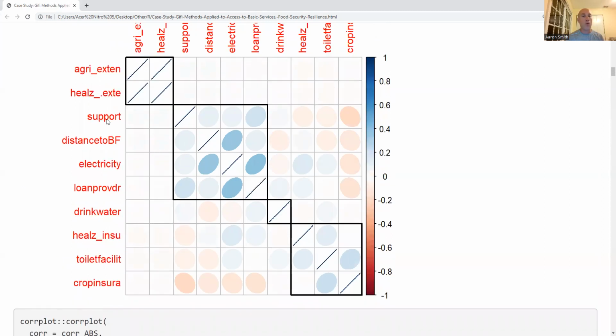This principal component, in my interpretation, is picking up this group here. And then crop insurance is going in another direction. So let's take a look at crop insurance.